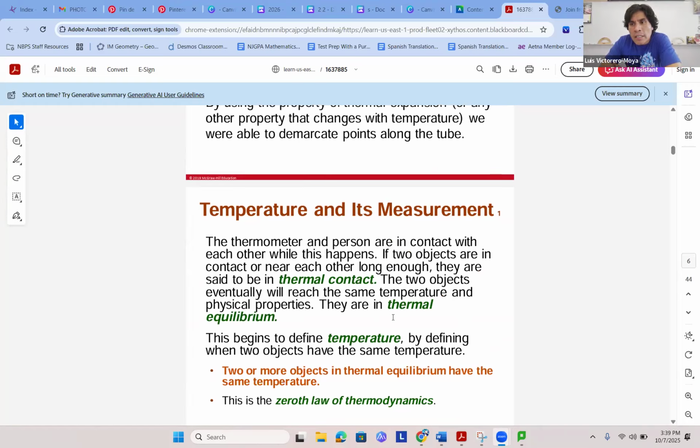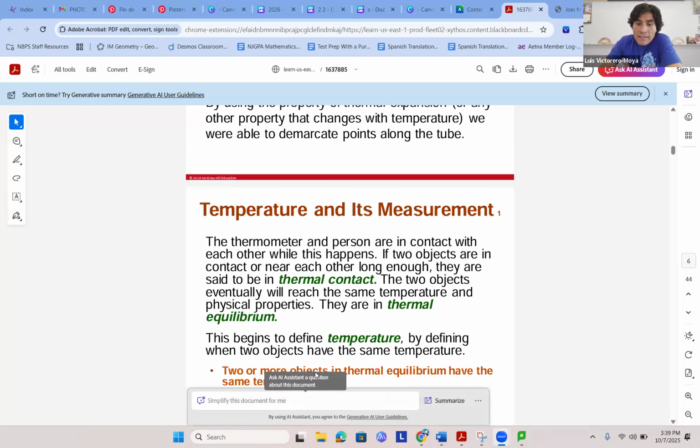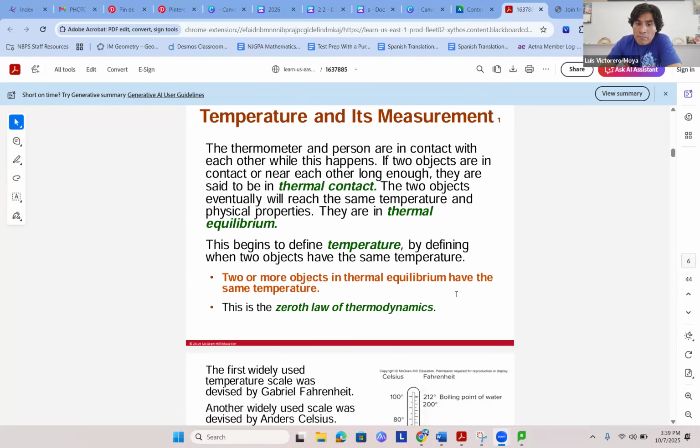Now, this has to do with thermal contact and equilibrium. You see, if you're trying to measure the temperature of a body, you're going to use a thermometer, but you are basically finding the thermal equilibrium between the two objects. And that's the zeroth law of thermodynamics, by the way, when two or more objects reach what we know as thermal equilibrium.